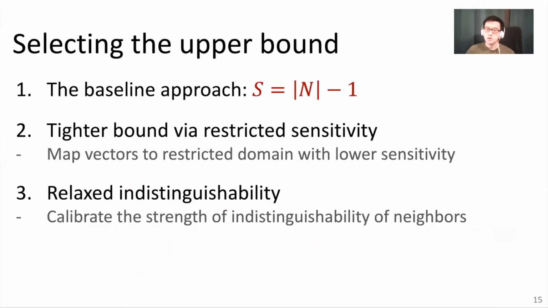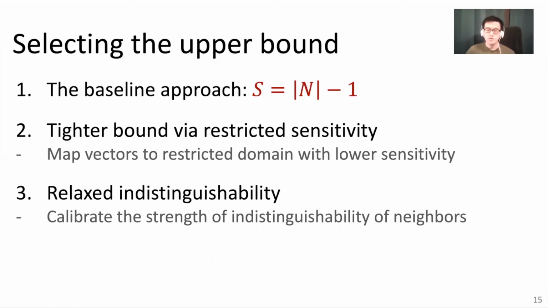Now the problem becomes, how do we select a proper upper bound? First, we propose the worst-case baseline approach. Suppose we have a straight line control flow graph, and the worst case bound would be the number of nodes minus 1. The minus 1 here is due to the start node, which is covered by any execution. We have also proposed to tighten the bound via restricted sensitivity by mapping each vector to a restricted domain of coverage vectors with lower sensitivity.